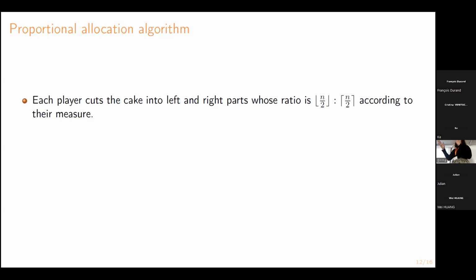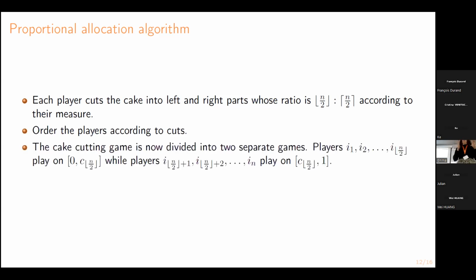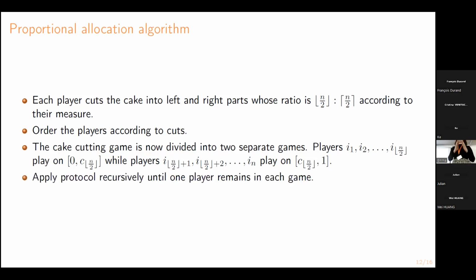So you ask every agent to cut the cake to have a 1/3 part and a 2/3 part, and then you sort them by who cut more to the left or to the right, and then you do a recursive cut. You order the players, and the first n over 2 players will be on the left side, the rest on the right side, and you do it again until every player is assigned to a unique part, like you don't have 2 players assigned to the same part.